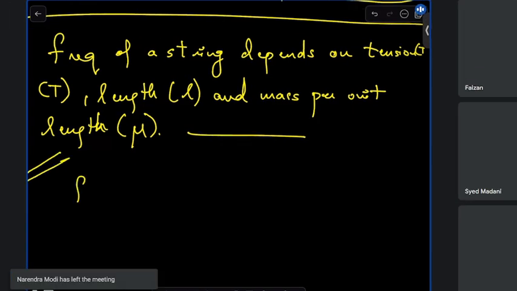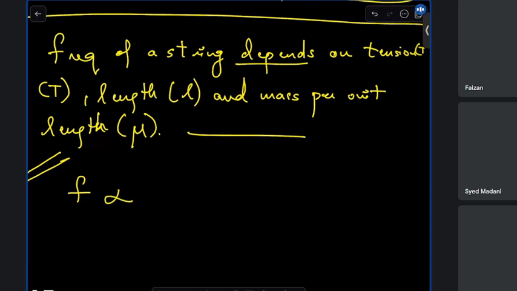Frequency F is proportional to tension T. But you won't just write T, you will write T to the power A, length l to the power B, mu to the power C. Whatever it is depending on, you're supposed to write it in terms of powers.